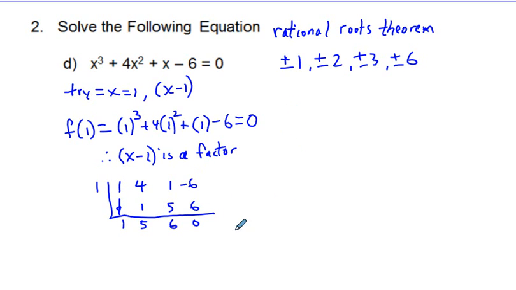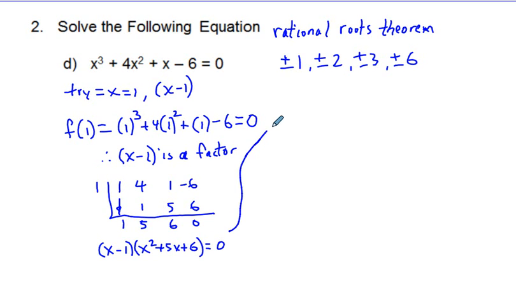So what we know is that we have quantity x minus 1 times quantity x squared plus 5x plus 6, and that's going to be equal to 0.